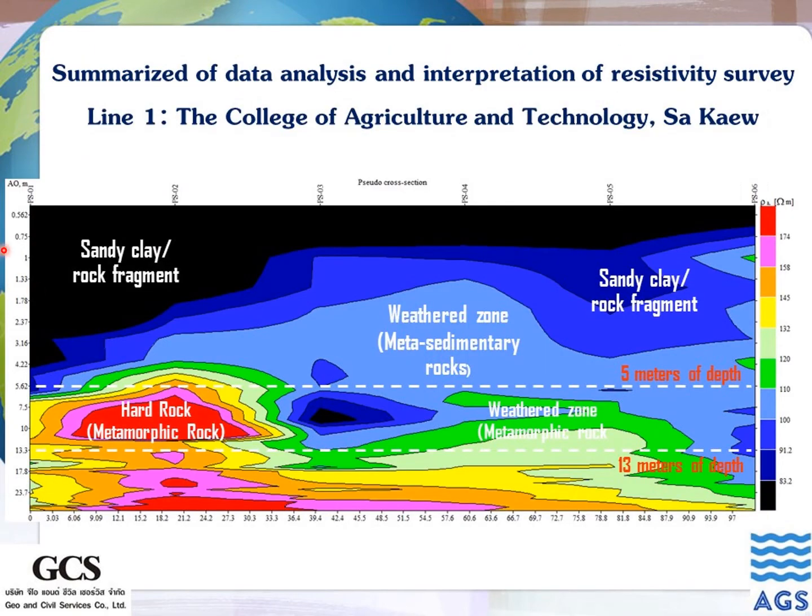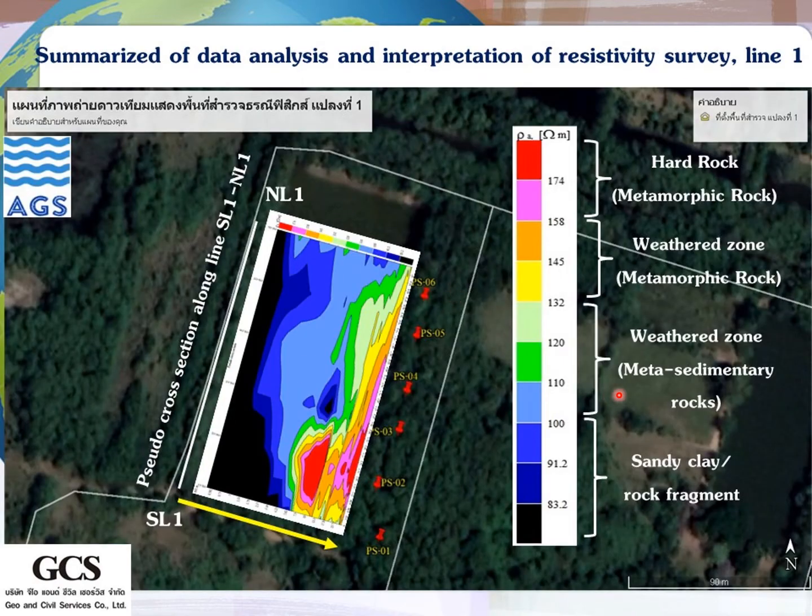The summary of the geophysical survey result, data analysis and interpretation of survey area number 1, and we can summarize the geological layers from the resistivity values from the survey.